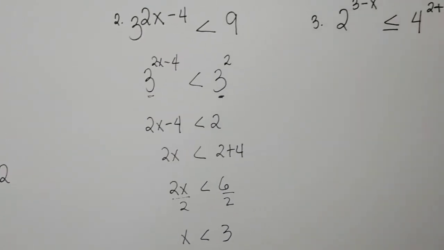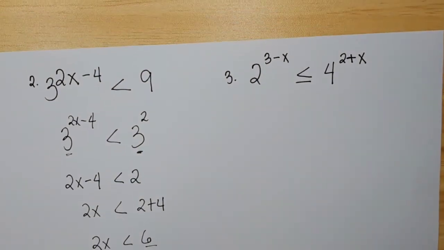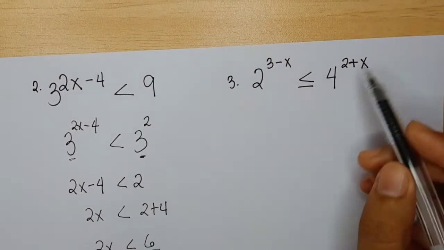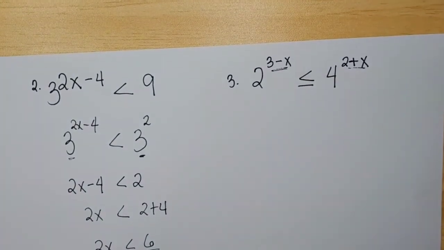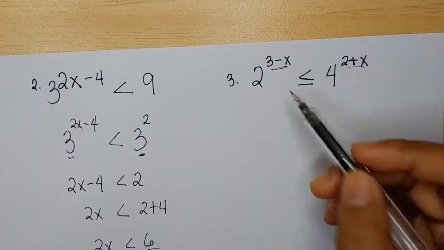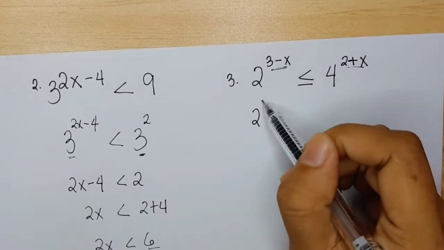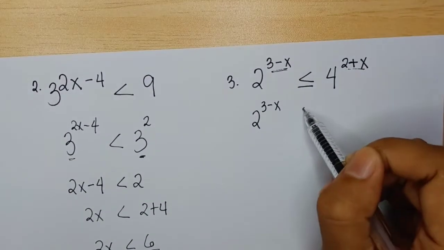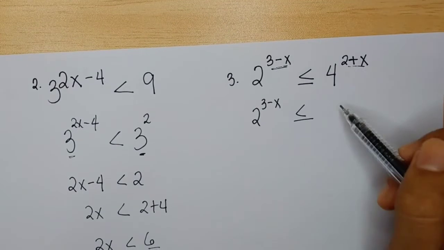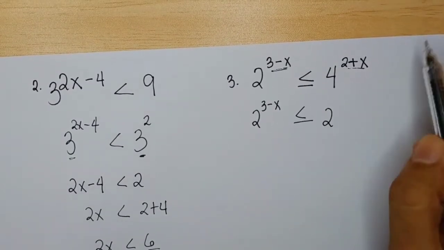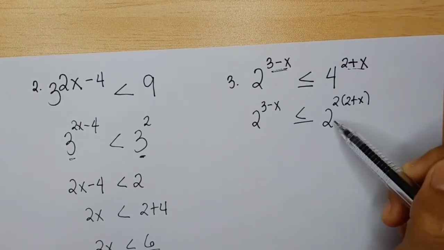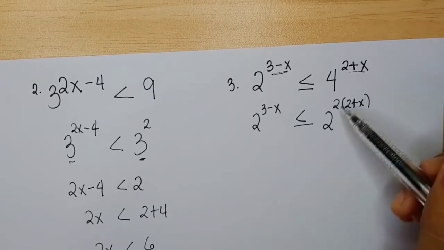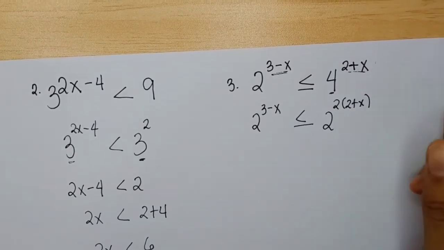Okay? Then, let's try number 3 example tayo. Okay, what if, oops, bakit may exponent dito? Tapos may exponent na naman dito. So, paano natin siya i-solve? So, we will have, okay, copy yung 2 raised to the power of 3 minus x less than or equal to, dapat same yung base. So, say 2 times 2 plus x. Okay, so since 2 times that is 4, so kuha natin yung 4, copy yung exponent.